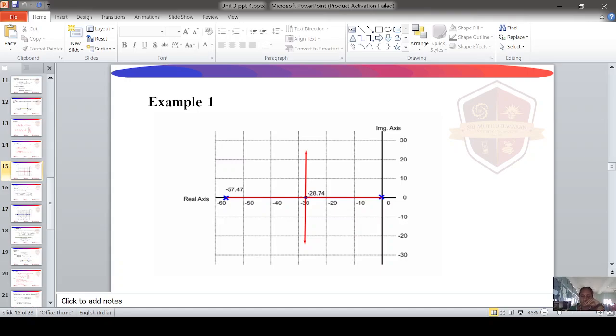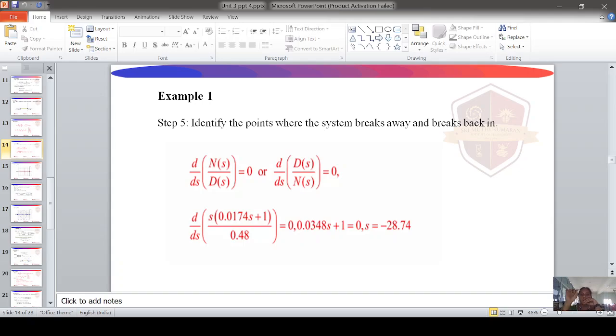We apply these roots in the K values, and if the answer is real and positive, the breakaway point is s equal to minus 28.74.